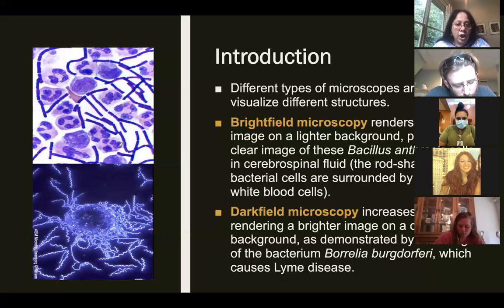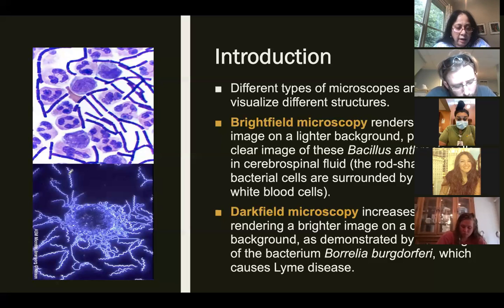Okay, so in this picture, dark image with bright background. In this picture, you can see the image is very bright, but the background is completely dark. Okay, in both the pictures over here, I think it's Bacillus, one rod-shaped bacteria.